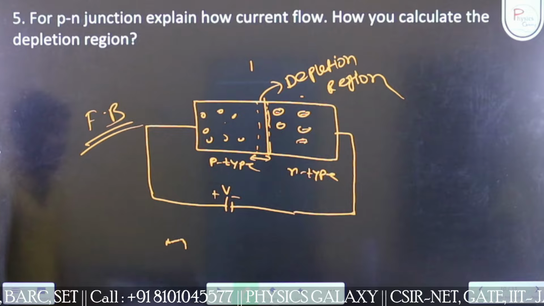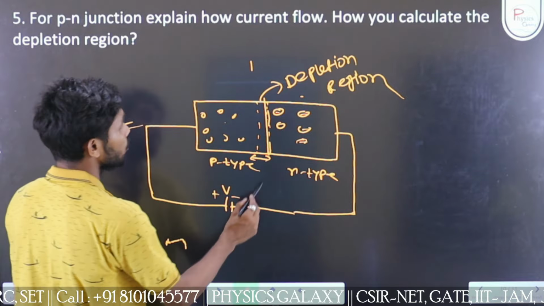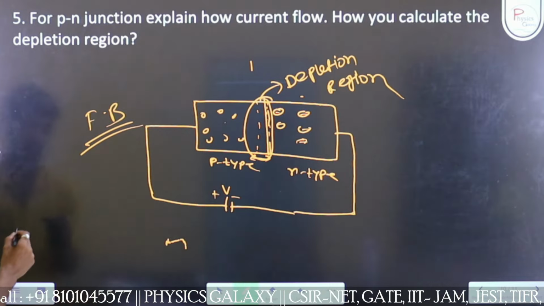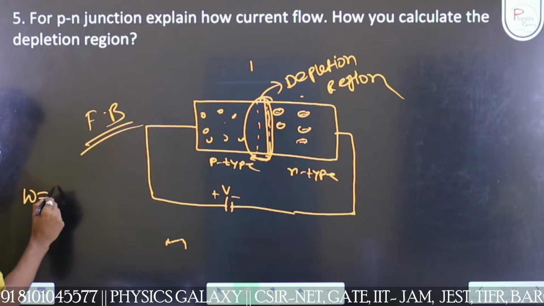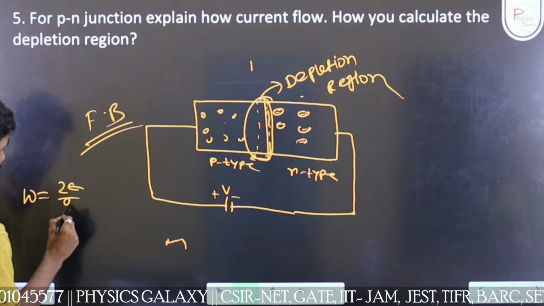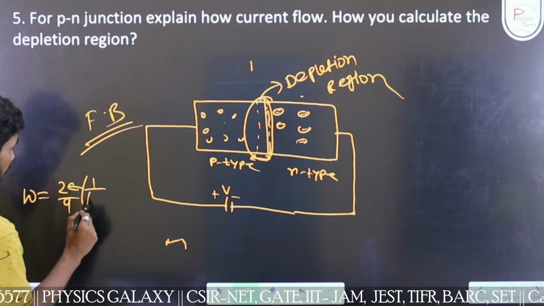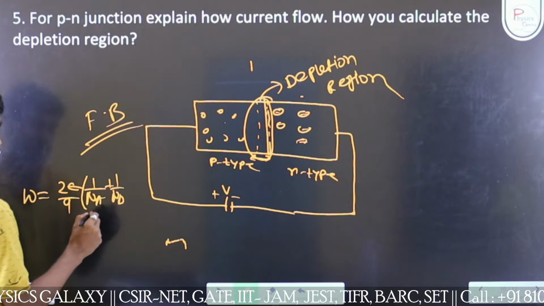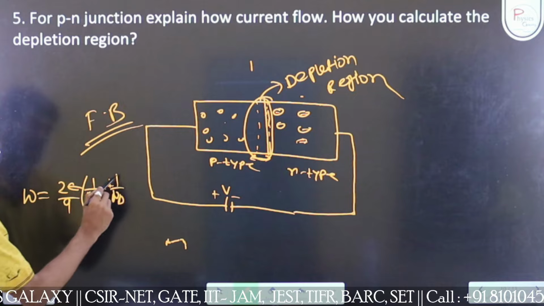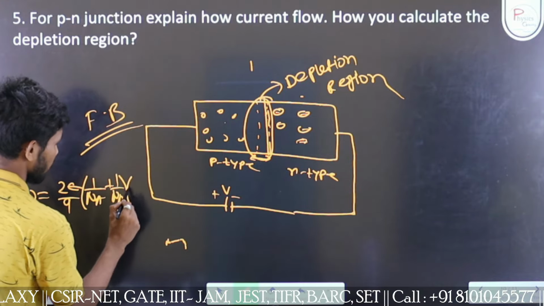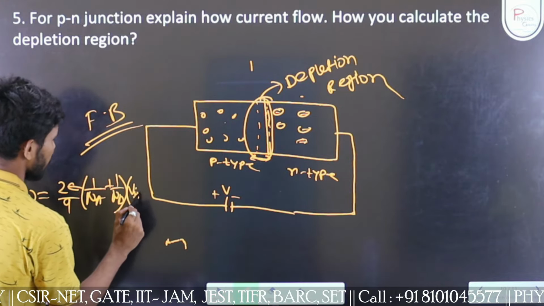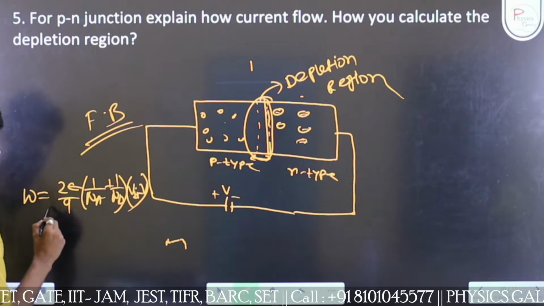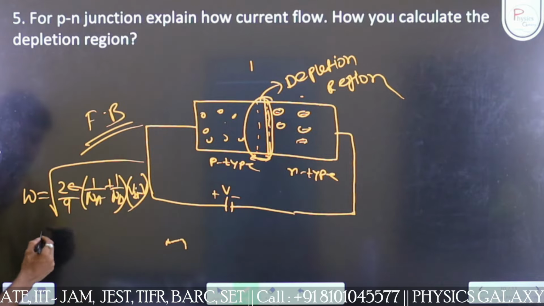After that they asked me how you can calculate this depletion region. I said to use this formula: the width equals the square root of 2 epsilon by q, times 1 by Na plus 1 by Nd, times Vbi minus V. Na is the acceptor concentration, Nd is the donor concentration, Vbi is the built-in potential, and V is the applied voltage.